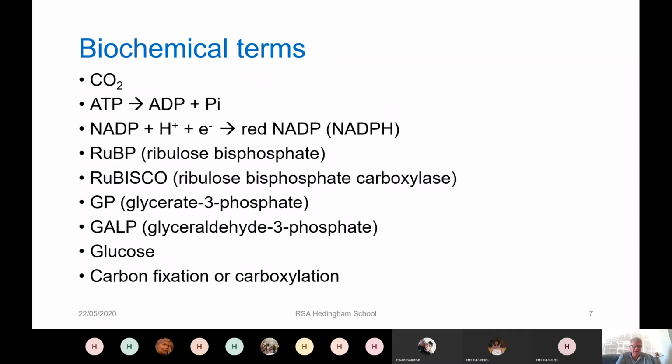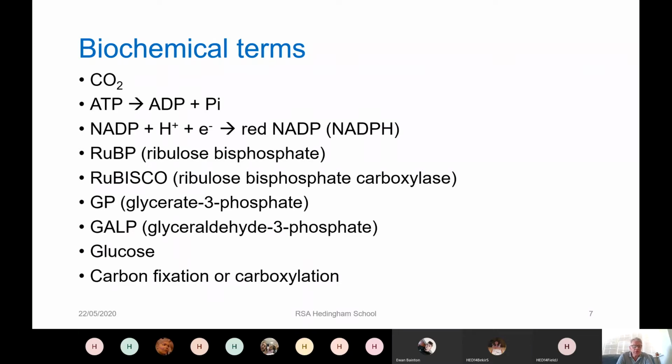But again, you can just use Rubisco. That's absolutely fine. And it is said, probably true, that Rubisco is the most common enzyme on the planet, because every organism that photosynthesizes has it.